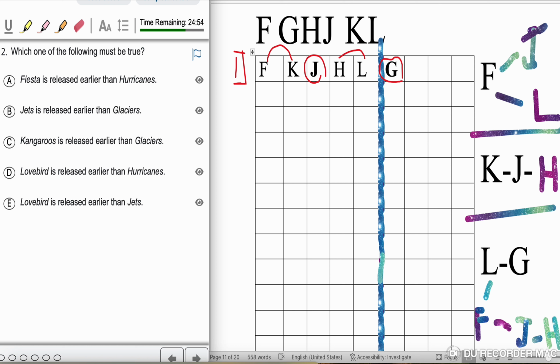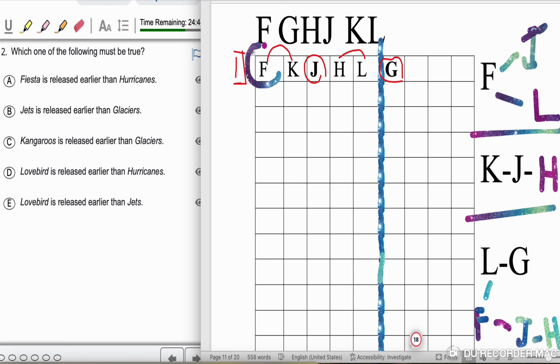Which one of the following must be true? F is released earlier than H. If you look at the board here, you see F is over here and H is over here.